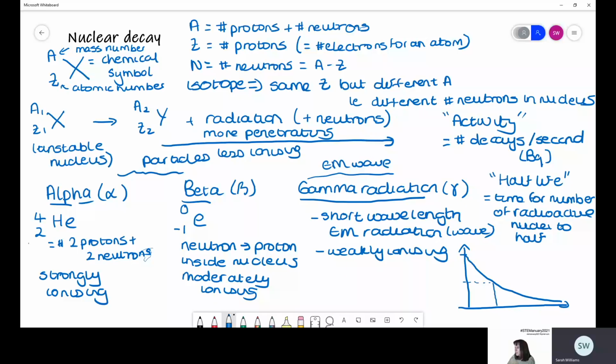So this time here will be the time when the activity halves, or the number of radioactive nuclei halves, is then the half-life T half. And I'll call this activity versus time. Well, there we go.